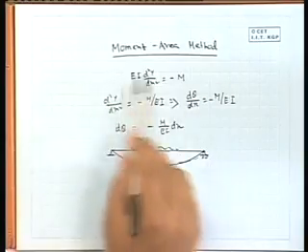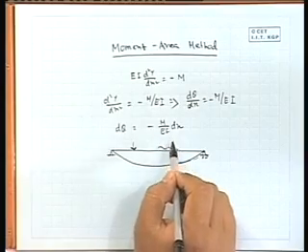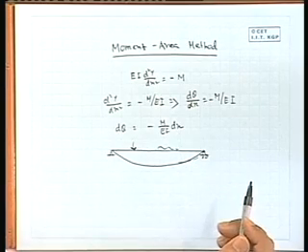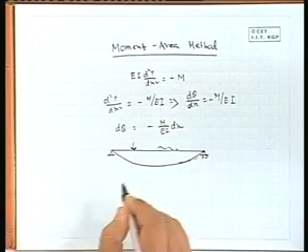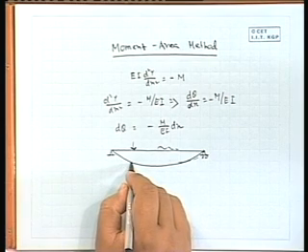So, from our moment curvature relationship, we have written d theta equal to minus M by EI dx. Now, if I take two adjacent points, so there is a point here.